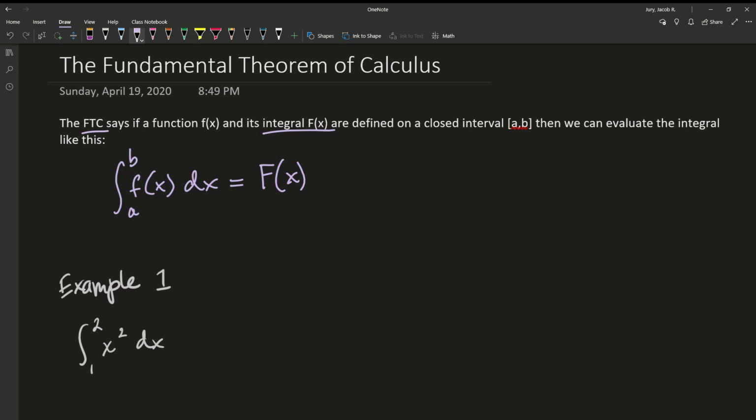And we'll use a symbol here to show we're going to input a and b into capital F of x to evaluate capital F of b, and then we're going to subtract capital F of a.